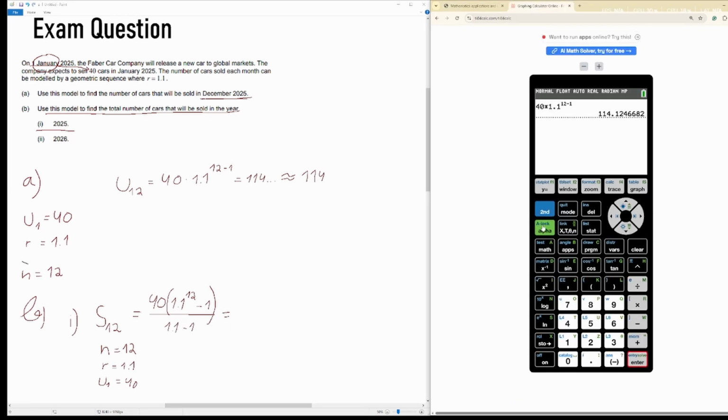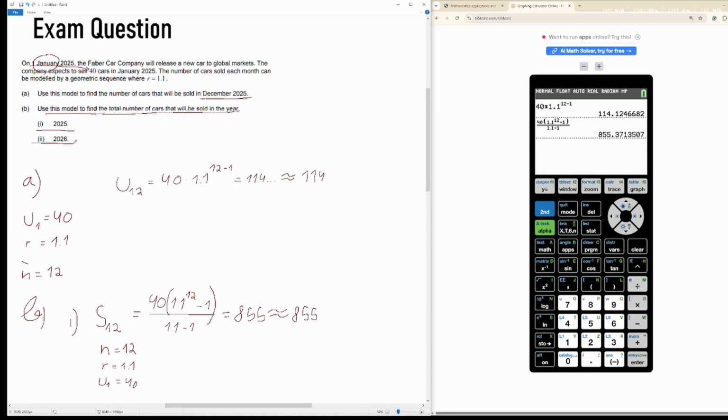Then we can use our calculator to get 40 times 1.1 to the power of 12 minus 1, and to the bottom we put 1.1 minus 1. And you get the answer of 855. And as you have to round to 3 significant figures, you can say that in 2025 they sold 855 cars.